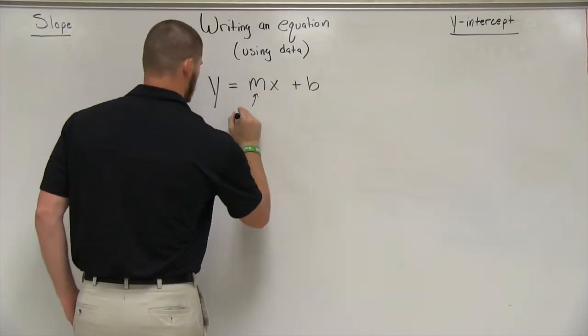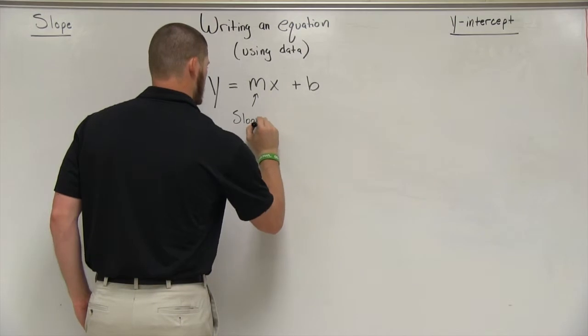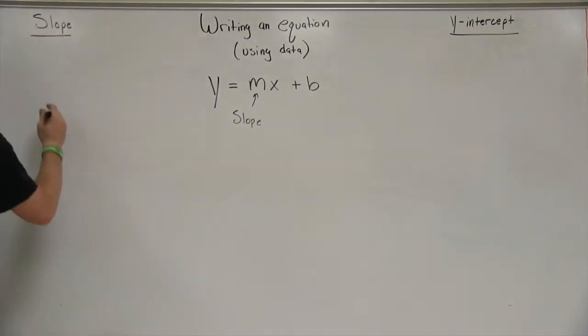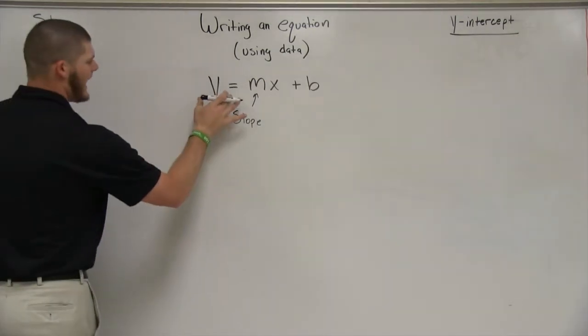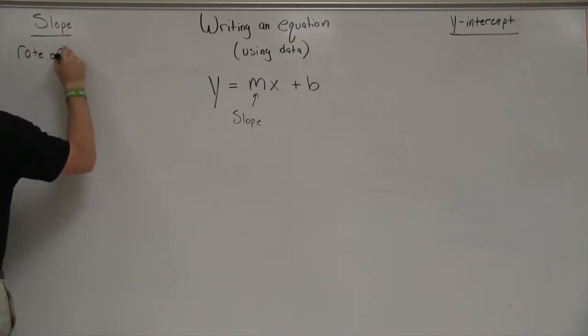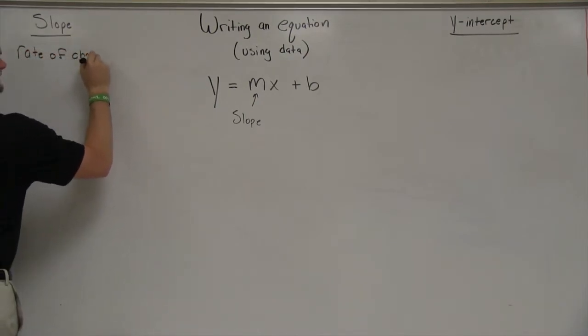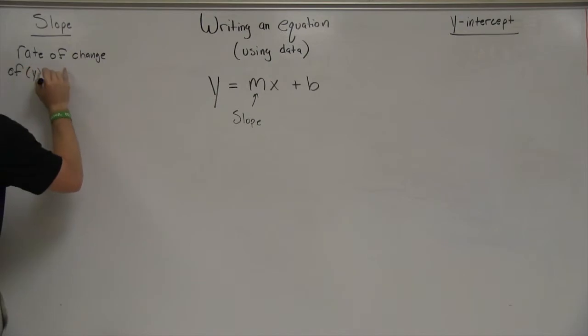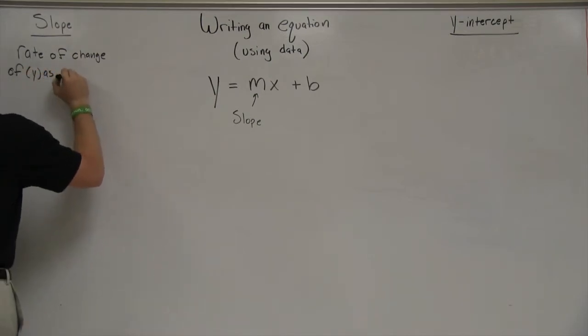What is slope? Our actual definition of slope is the rate of change at which y changes as we change x. So this is our rate of change of y as we increase or decrease x.